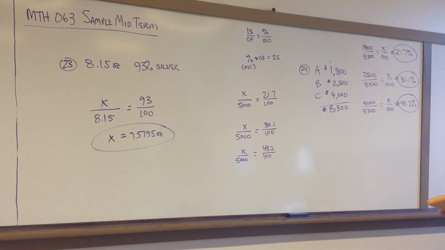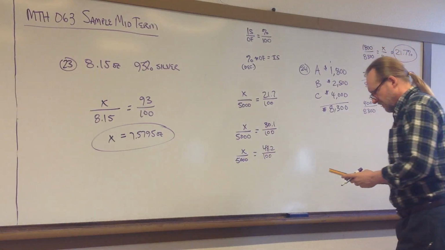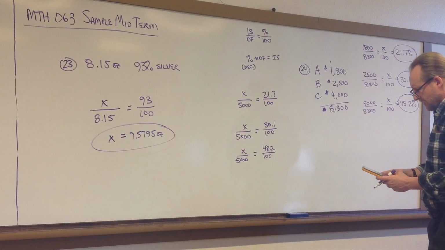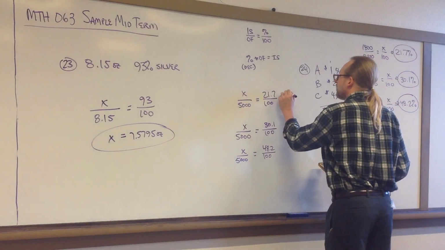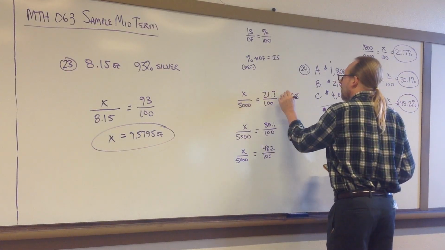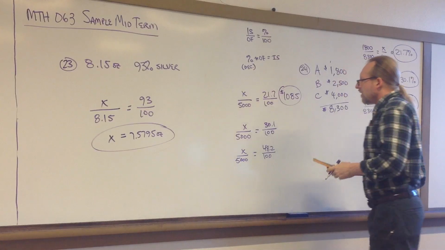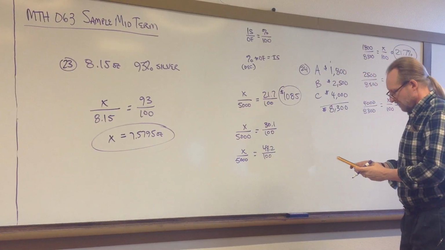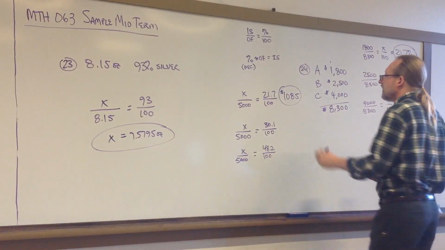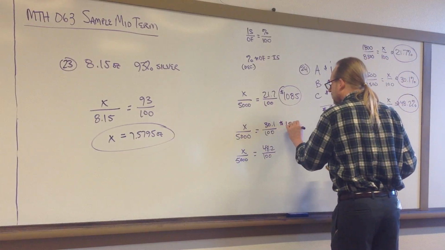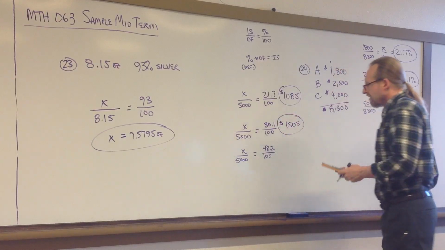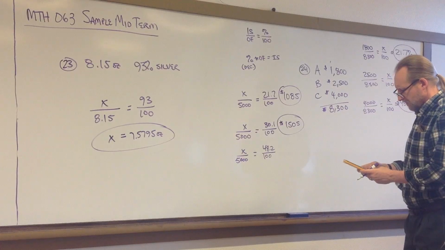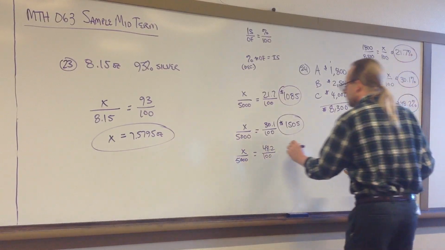Okay, so let's see here. 5,000 times 21.7 divided by 100, 1,085. And then 30.1 times 5,000 divided by 100, $1,505. And then 48.2 times 5,000 divided by 100, 2,410.